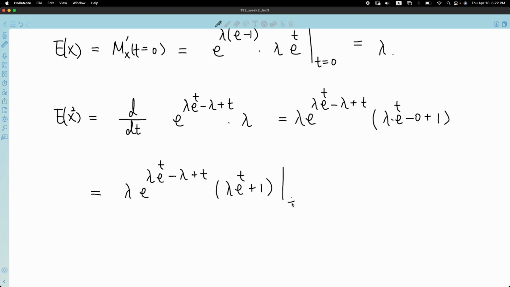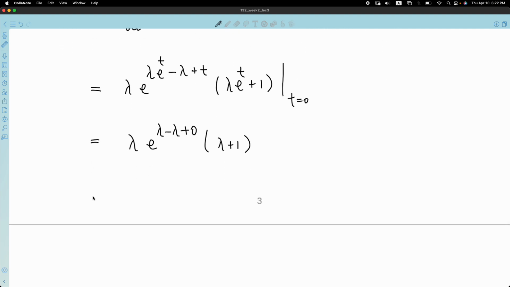So I would just directly evaluate t equal to 0, right? Let's see. That means we have lambda, and then e with t equal to 0. That's a lambda minus lambda plus 0, and then lambda plus 1. And that means we have lambda squared plus lambda.